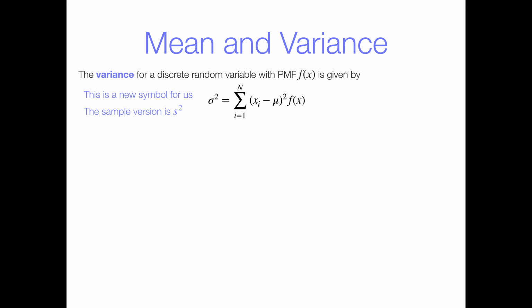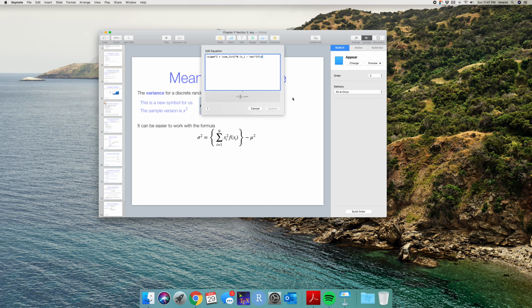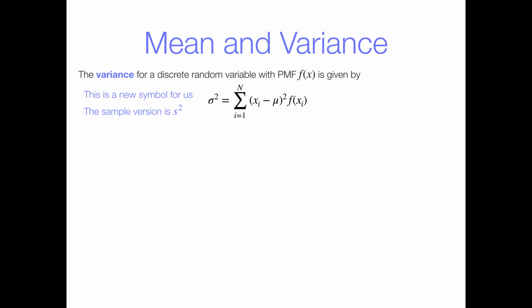So sigma squared, we've got this formula, x minus mu squared times f of x. And again, just to be specific with my notation here, I will fix this. So x minus mu squared times f of x, and you do that for all of your x's and you add it together.